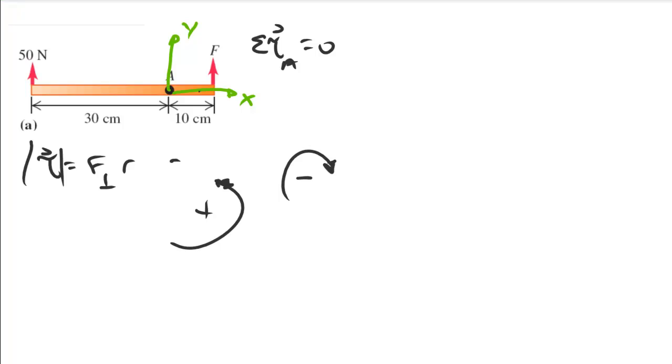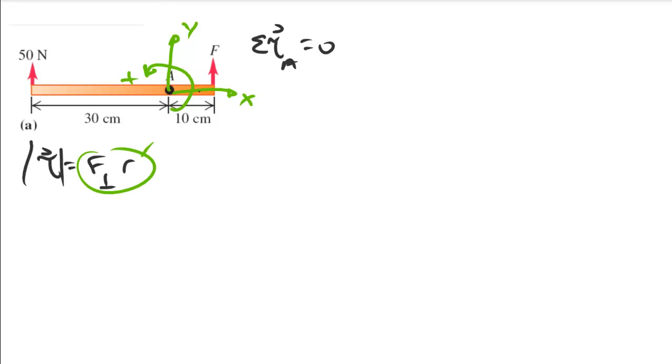So we use positive x to the right, positive y upwards, and a positive torque is counterclockwise. We take the magnitude times the moment arm, determine whether it causes a clockwise or counterclockwise torque, and apply the sign accordingly. That's the most straightforward way to go about this.